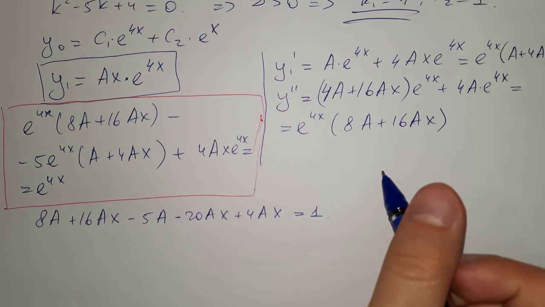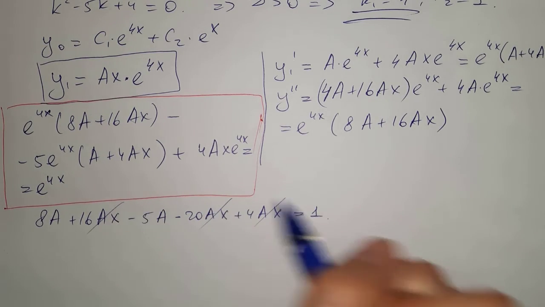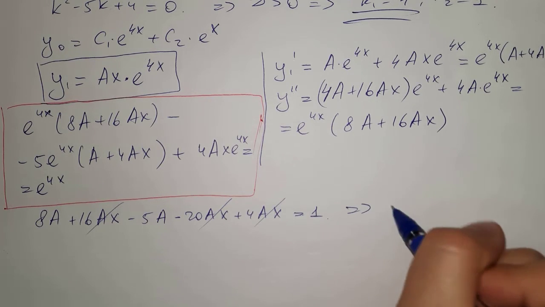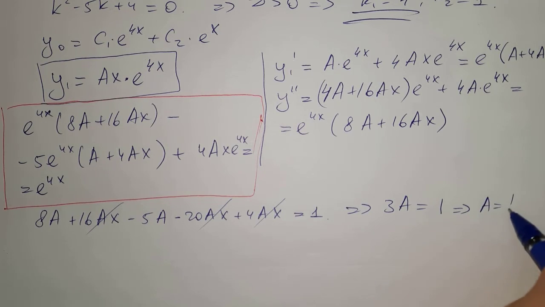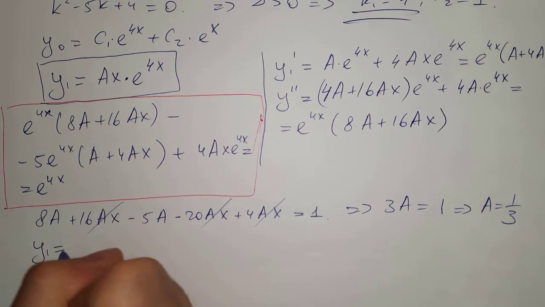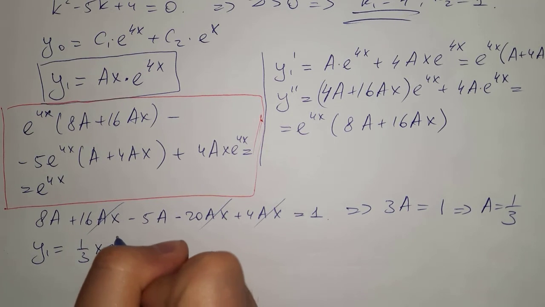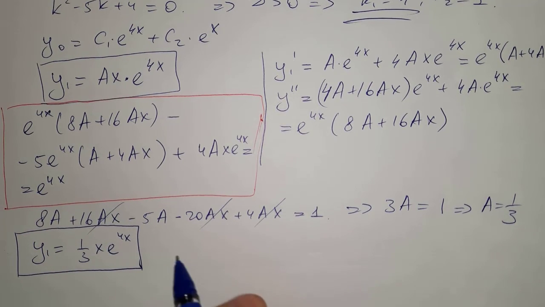Okay, now 16 plus 4, they should be cancelled, they are cancelled, and we have here 3a is 1, or a is 1 over 3. So hence we have y1 is 1 over 3 x e to the power of 4x. This is a particular solution of the given second order non-homogeneous differential equation.